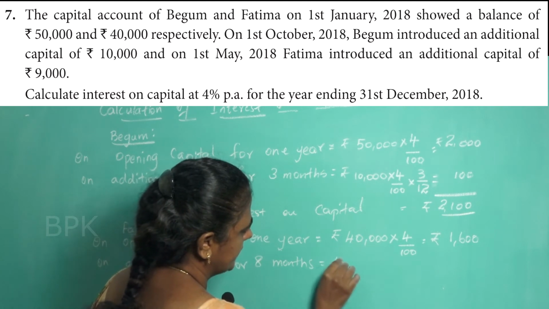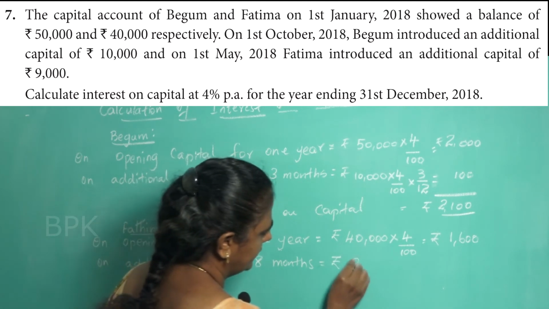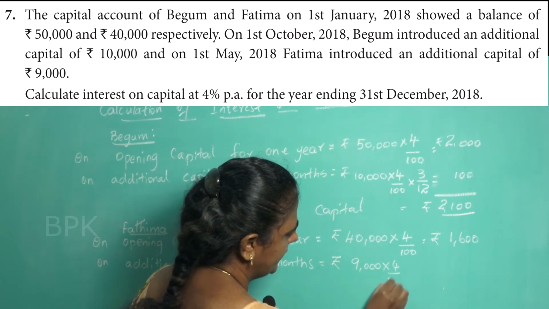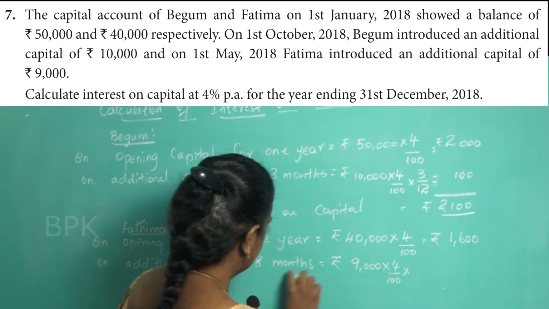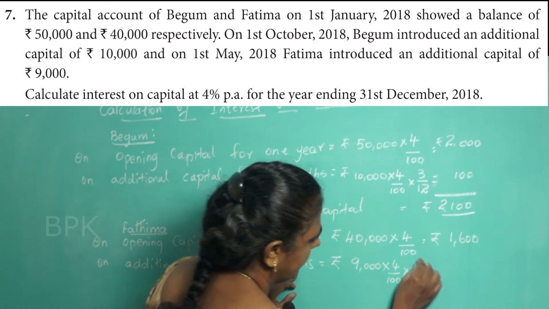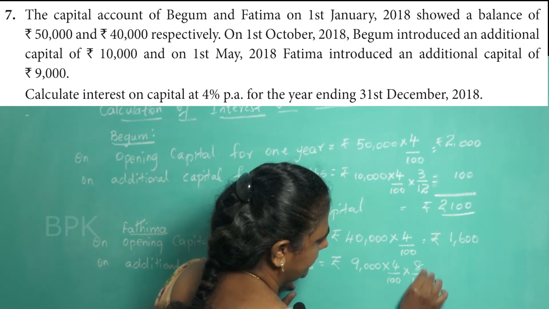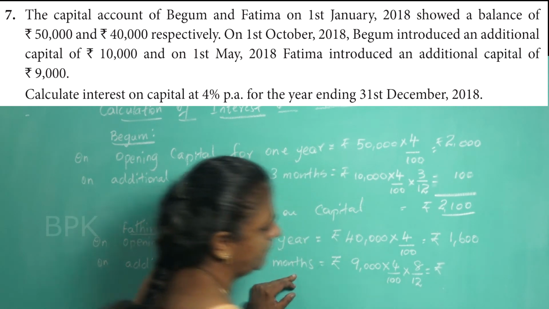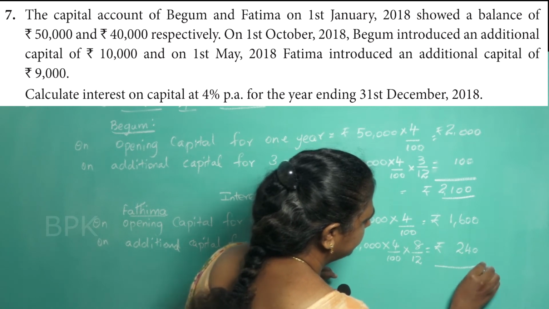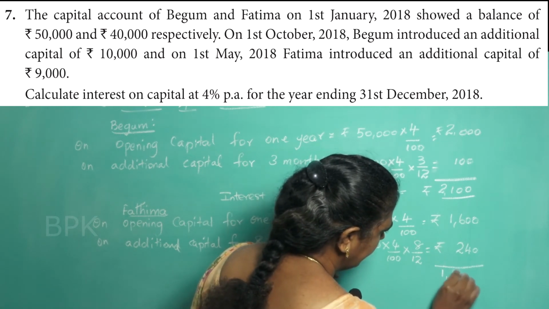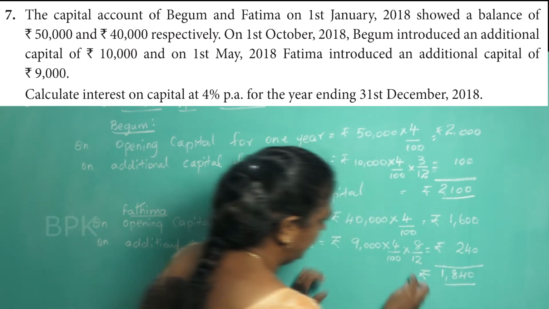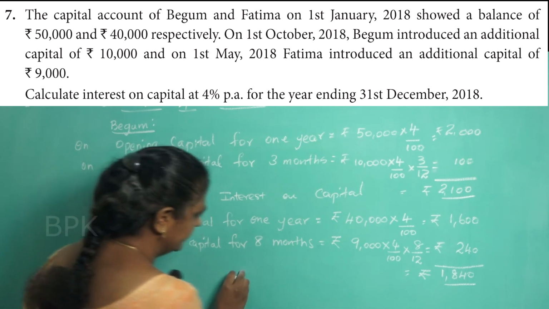Her additional capital is 9,000, rate of interest 4 by 100, for 8 months, so 8 by 12. That will give you rupees 240. So add both, 1,840 rupees for Fatima.